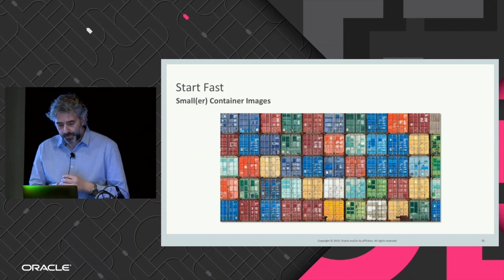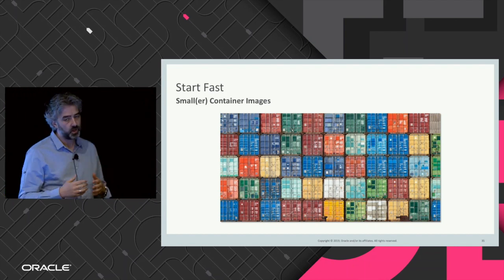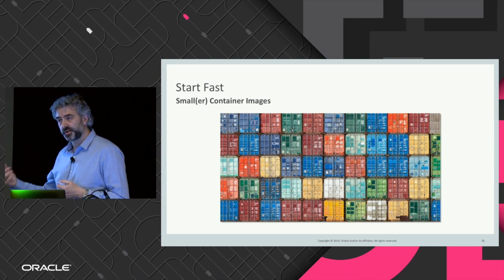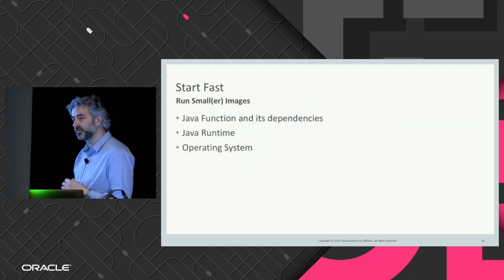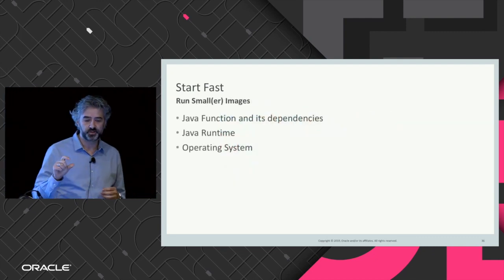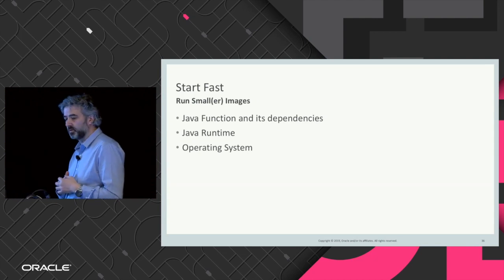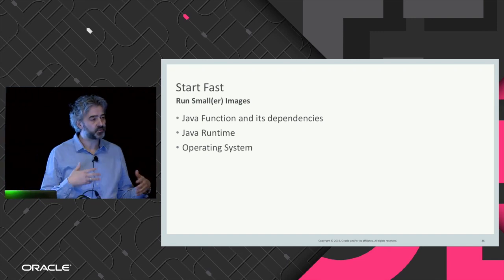Now, next, if we want our serverless Java function to start fast, we should think about the fact that they're running in containers. Containers are made of layers. So that's something that we need to think about because at the end of the day, we want to make sure that all the layers that we have for our serverless function are as small as possible. If we look at a Java function, we basically have three types of layers.